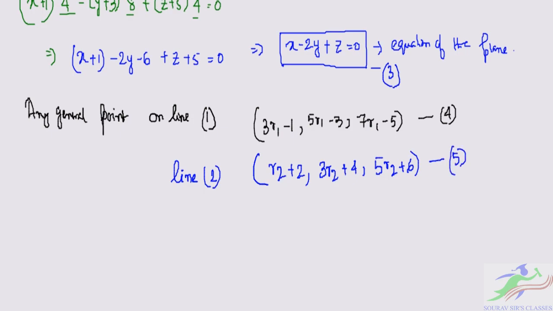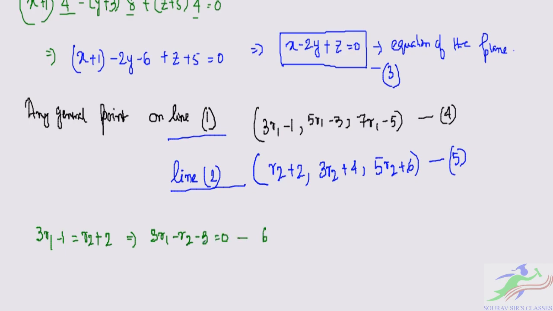If lines 1 and 2 are intersecting, then from 4 and 5 we can equate 3r1 minus 1 equal to r2 plus 2. This simplifies to 3r1 minus r2 minus 3 equal to 0.